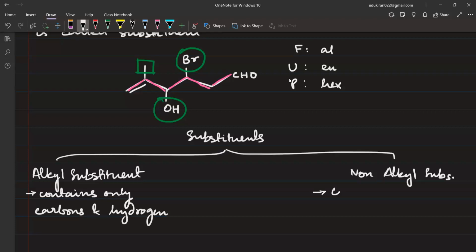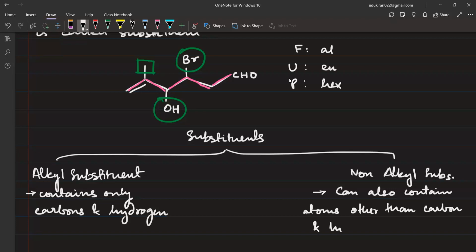Non-alkyl can also contain atoms other than carbon and hydrogen.